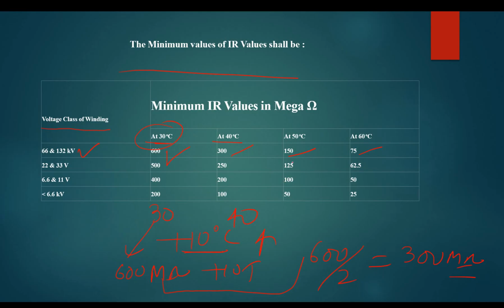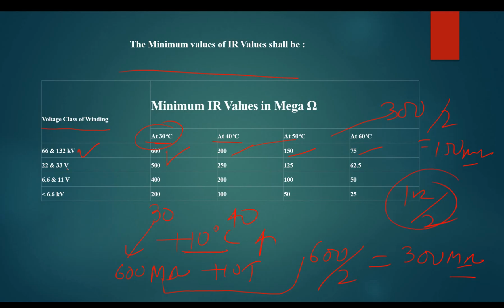If you want 50 degrees, then 300 upon 2 means 150 megaohm. Every 10 degrees Celsius increase means the IR is divided by 2.